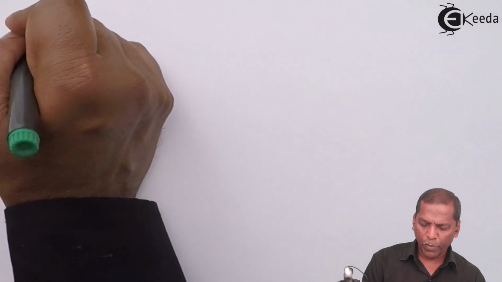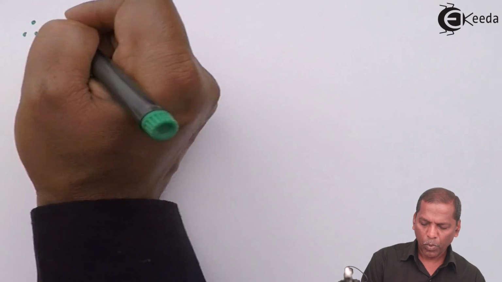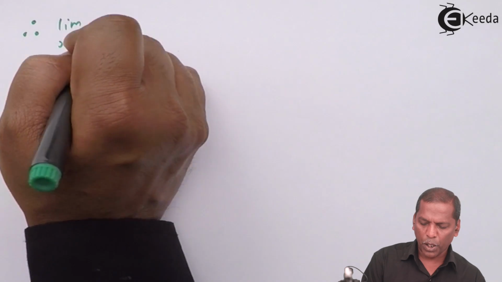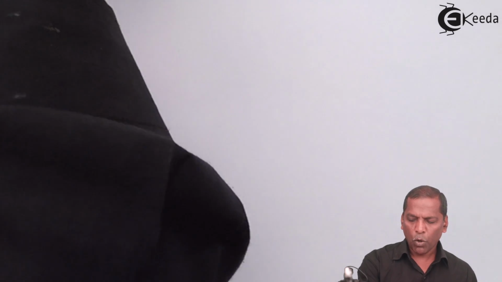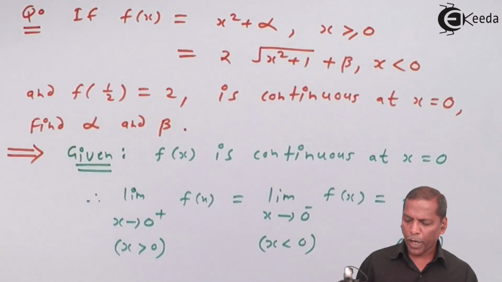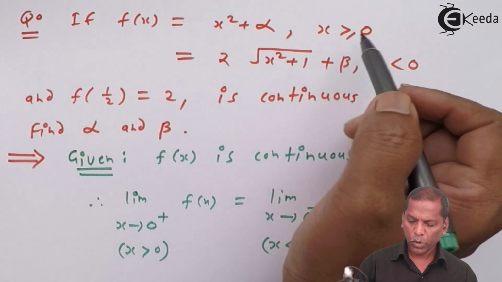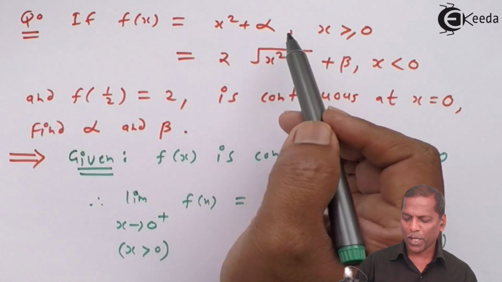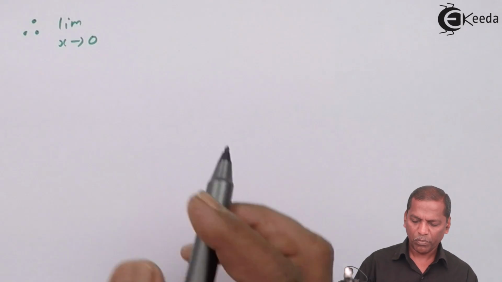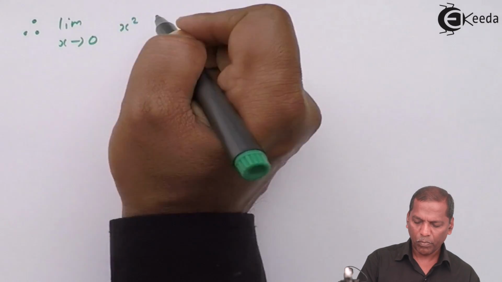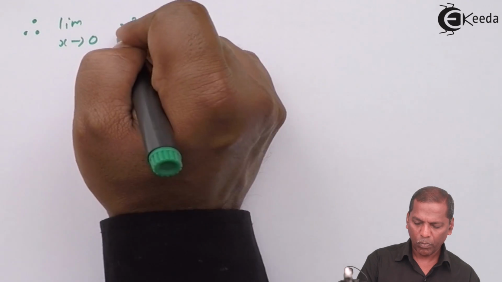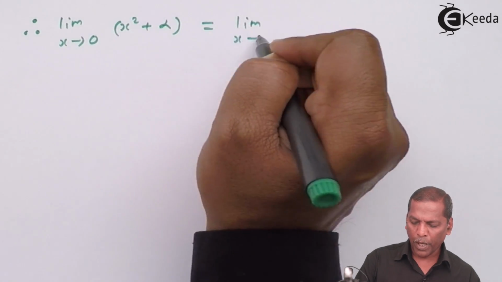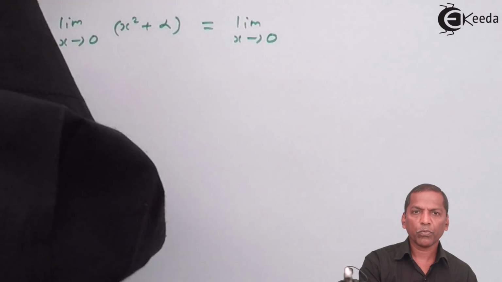So the next step will be limit x tends to 0. Now for x greater than 0, we have f of x is equal to x square plus alpha. That equals limit x tends to 0.